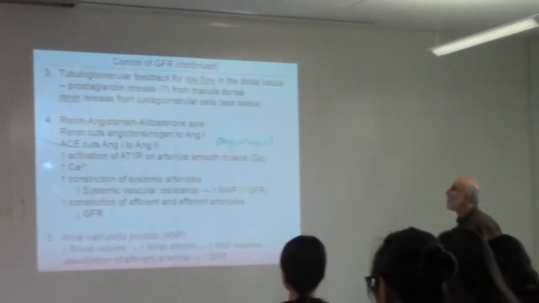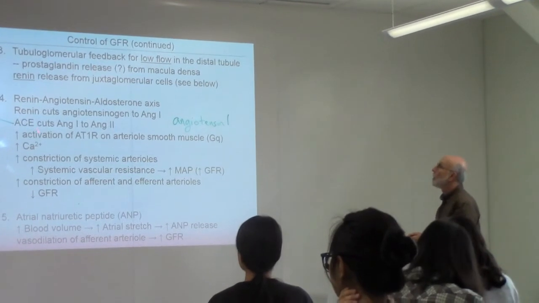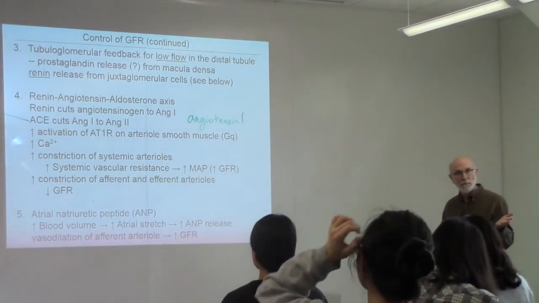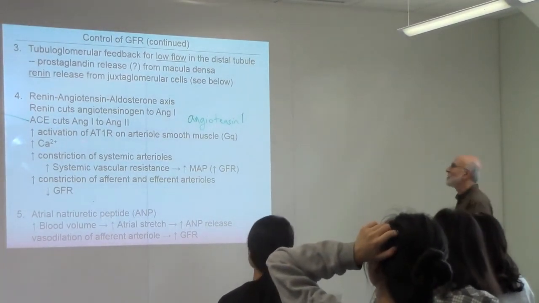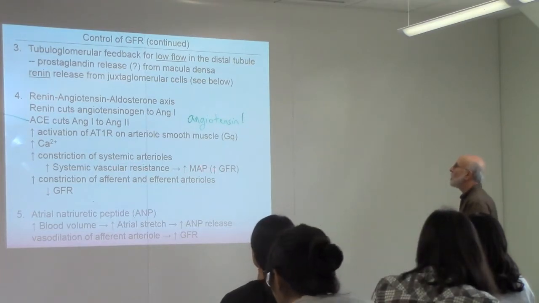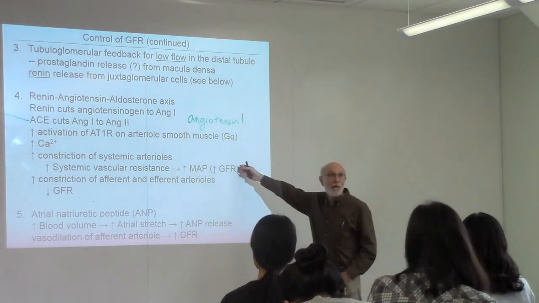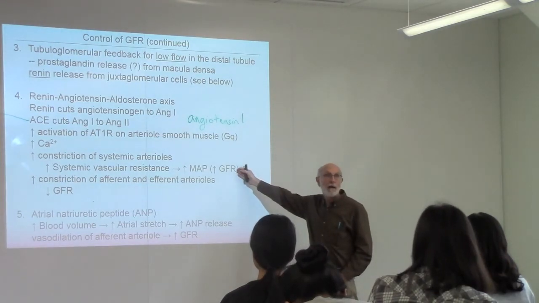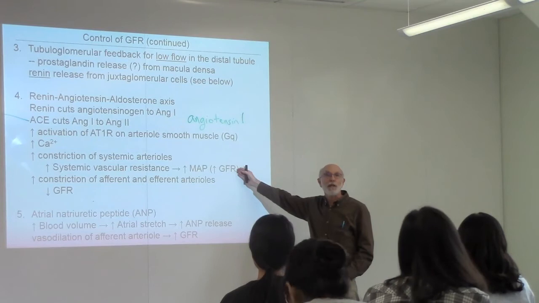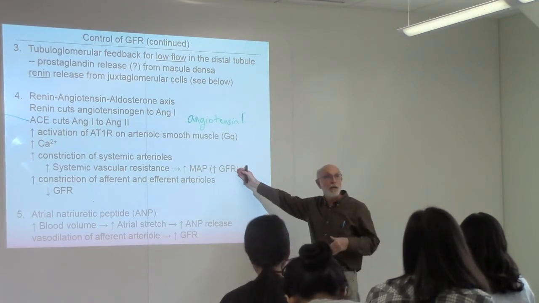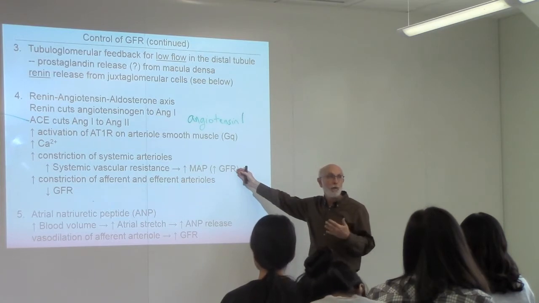So this is confusing. Not only is it complicated, it's confusing, because an increase in blood pressure by itself would increase GFR. Right? If all we had was an increase in blood pressure, then there would be more pressure in the glomeruli, and that would increase GFR. True.